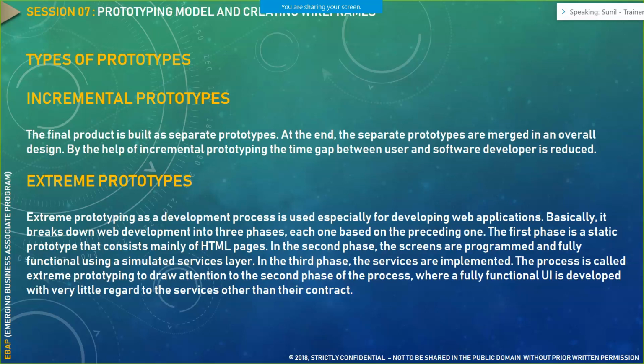In an extreme prototype, we have to ensure that all the elements in the UI are of extremely high quality: the user experience, the UI elements, the coloring, the texture of the elements. Even if it's a drop down box, you can apply some style sheets to it. Even if it's a radio button, you could apply a style sheet and make it more interactive and intuitive to the user.